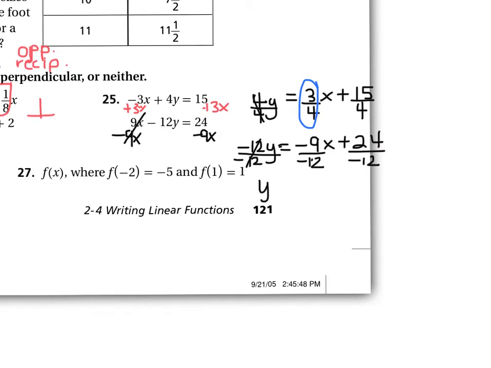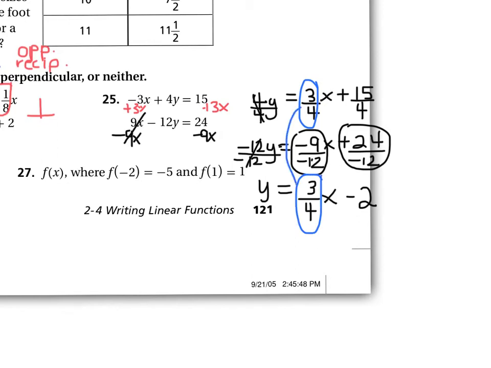And when we reduce it, negative 9 divided by negative 12 is positive 3 over 4 next to the x. And when we reduce that, we get minus 2. So the slope in the second line is also 3/4. Since those match up and they're exactly the same, the lines in number 25 are parallel, or we could put the symbol for parallel, which is like that.